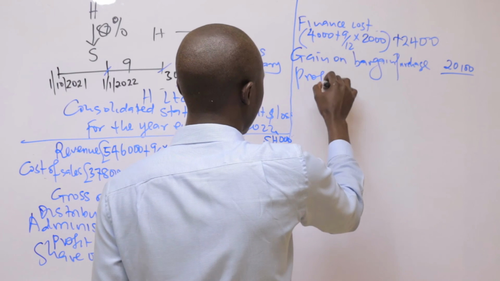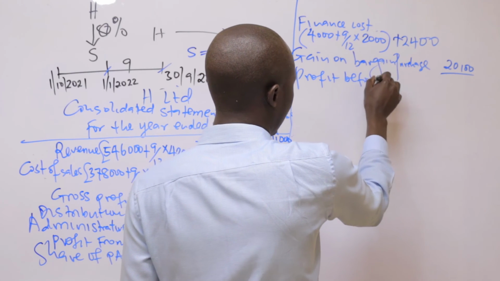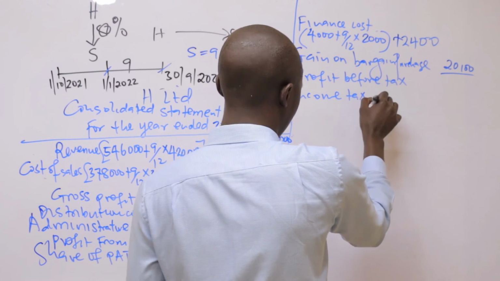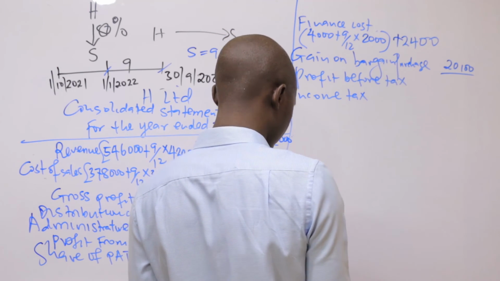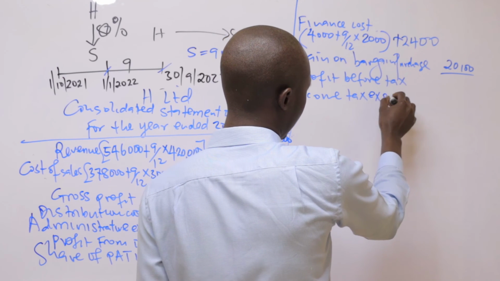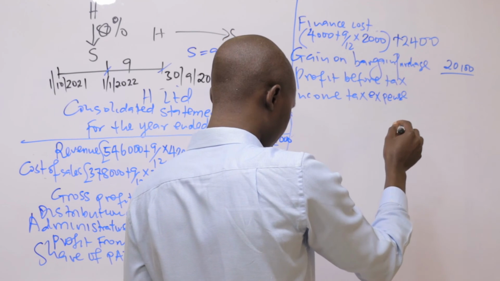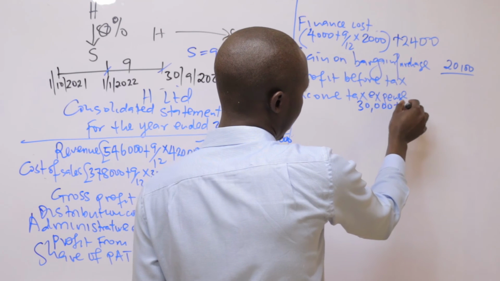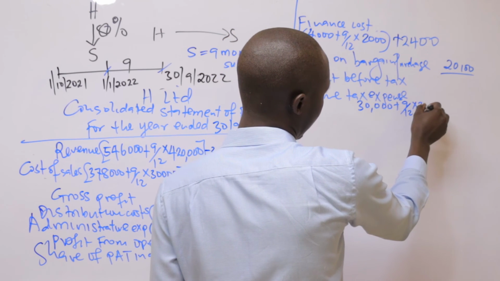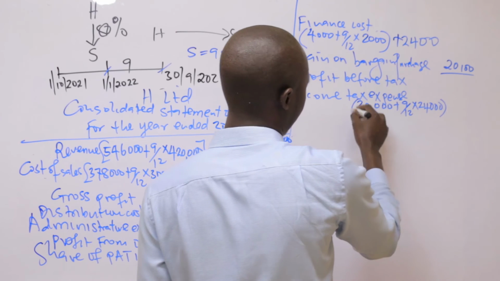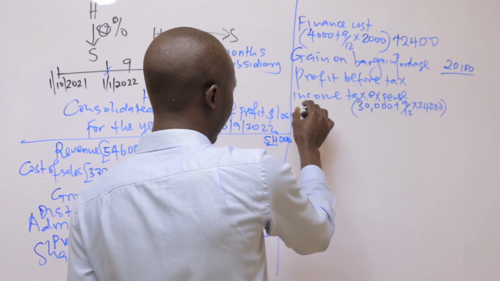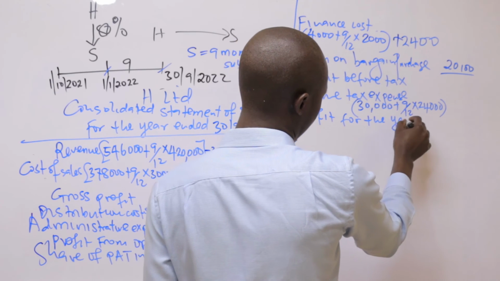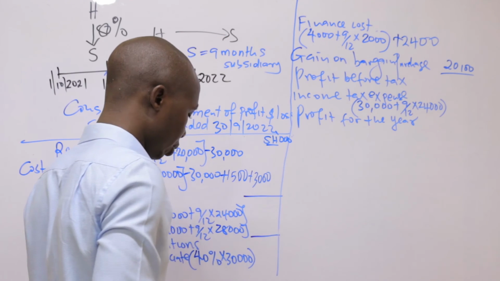So we say profit before tax. Then income tax expense: 30,000 plus 9/12 times 24,000. So we get profit for the year.